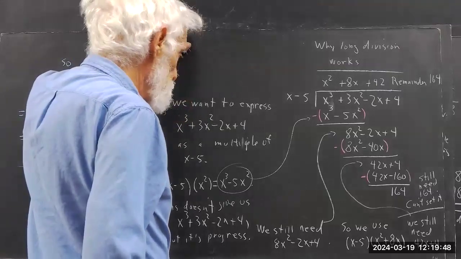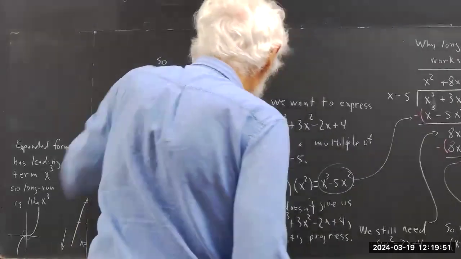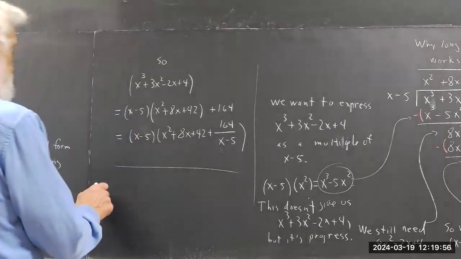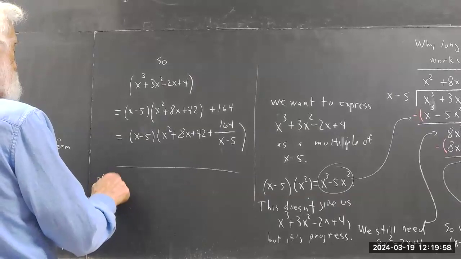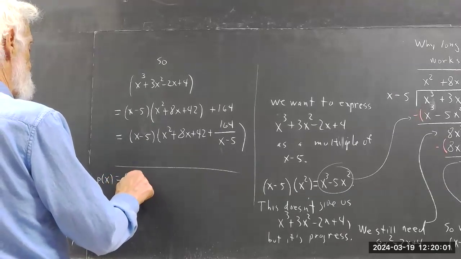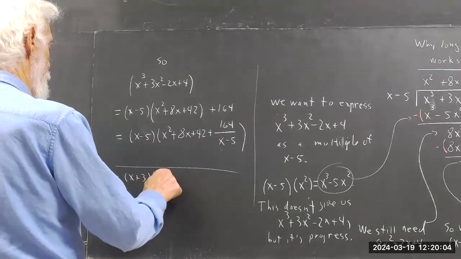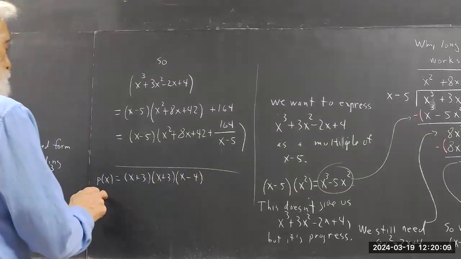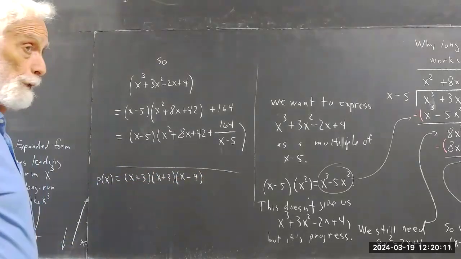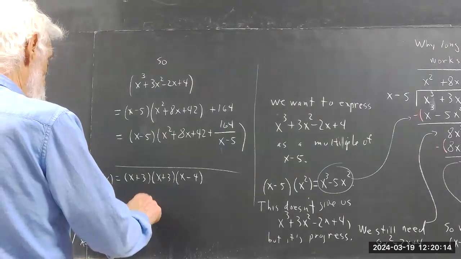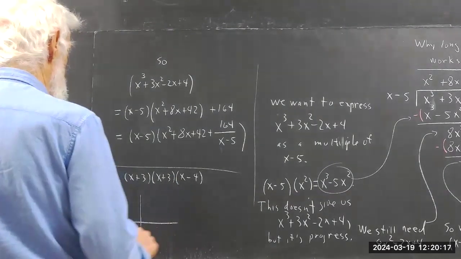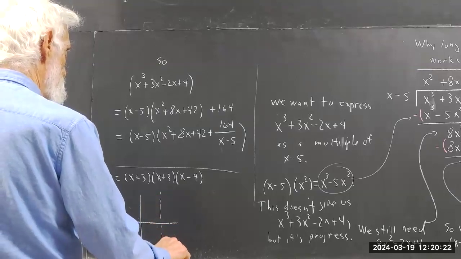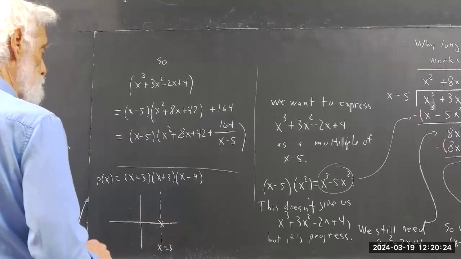I have time for a couple of quick comments. If you have, let's say, f of x equals x plus 3 times x plus 3 times x minus 4, if you remember what we just did, you'll find that at x equals 4 you have a 0.